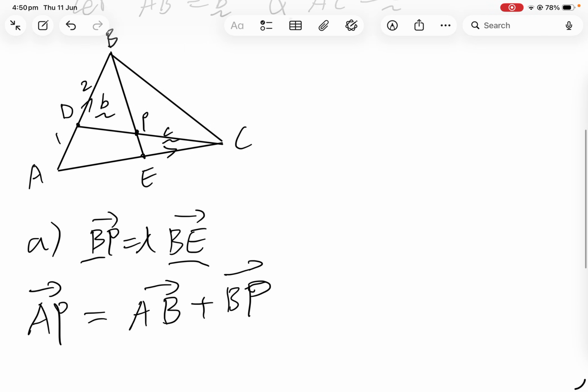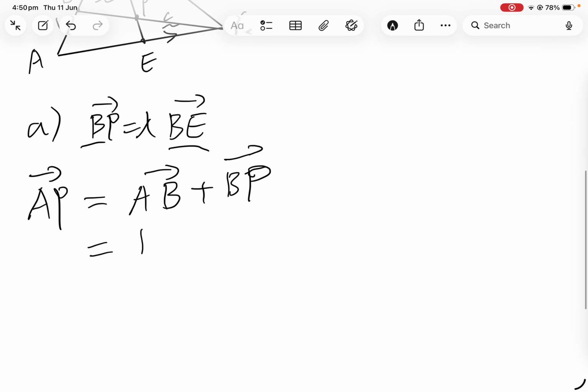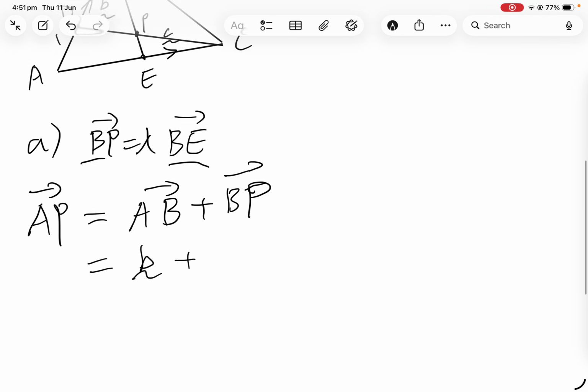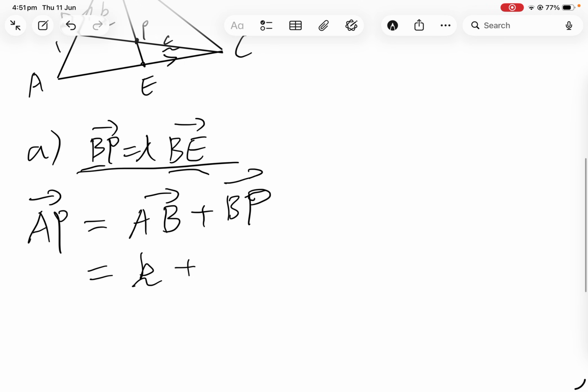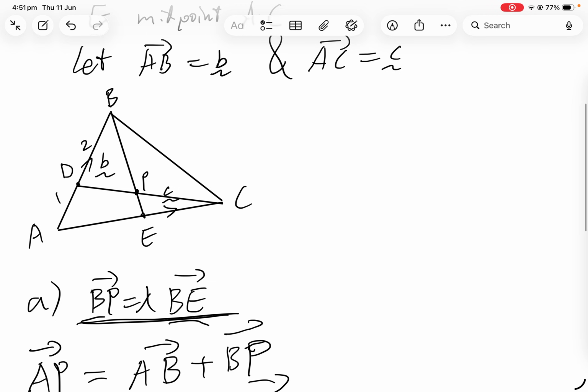So yeah, AB is b, so we can just write vector b. And then BP, as we stated here, is just lambda BE. That equals b plus lambda BE. BE is just BA plus AE, so that's negative b plus a half c.